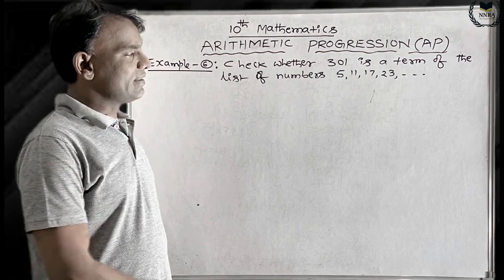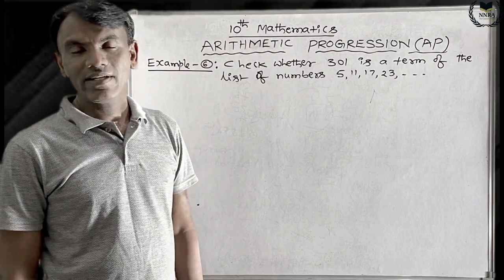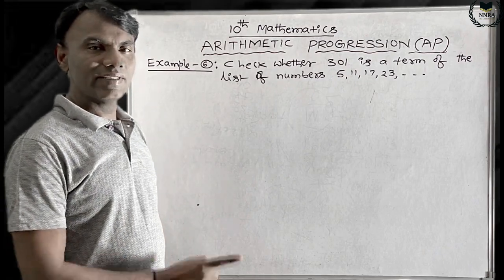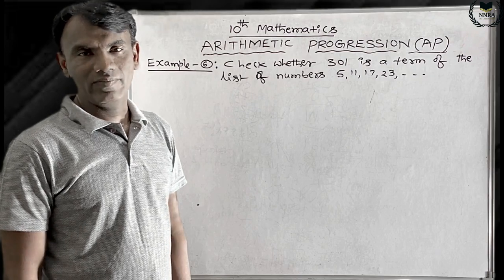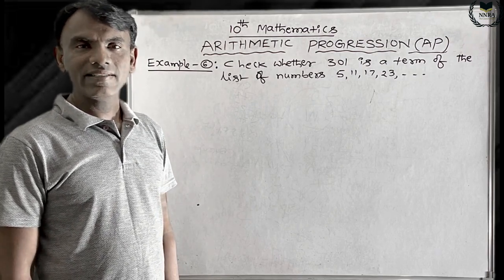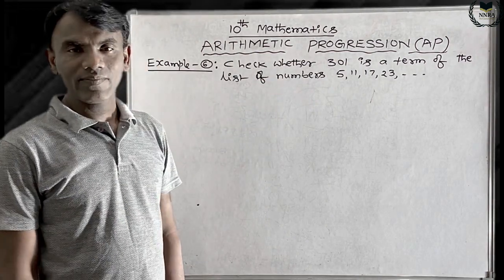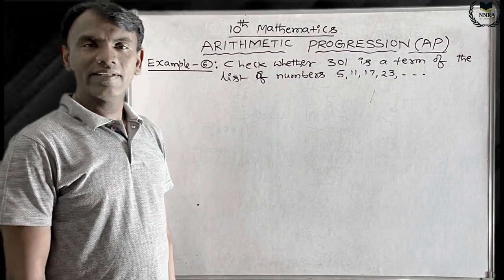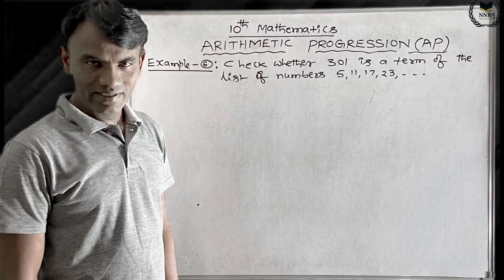But first we have to check whether it is an arithmetic progression or not. If it is an arithmetic progression, then only we find the value of n, meaning the number of terms. In that, if n is an integer, we say that 301 is a term. If n is not an integer, we say that 301 is not a term. That is the meaning of this question.